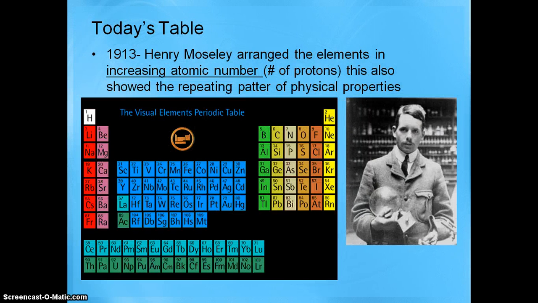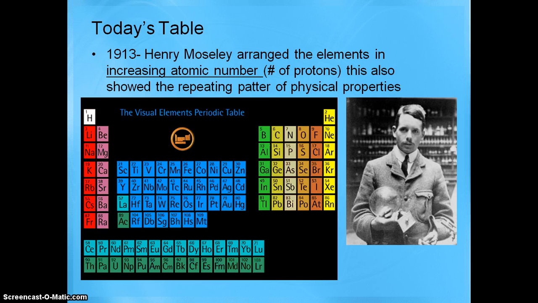Now, Henry Moseley, if you remember from chapter 4, which I doubt you do, but Henry Moseley was helping us figure out the atomic number and the number of protons. So he arranged a periodic table in increasing atomic number. This showed a repeating pattern of physical properties, which is huge for us in today's world because now this is the periodic table that we use.